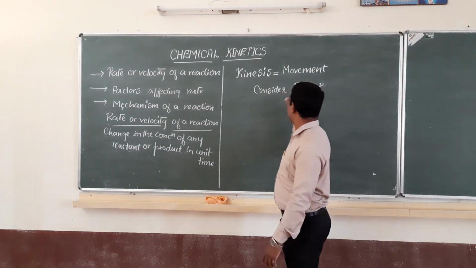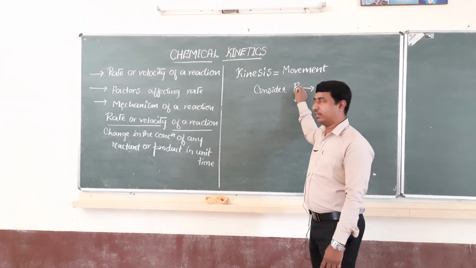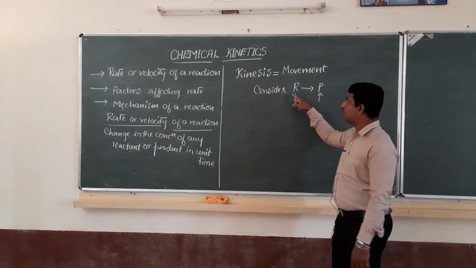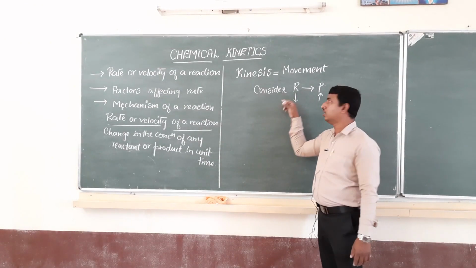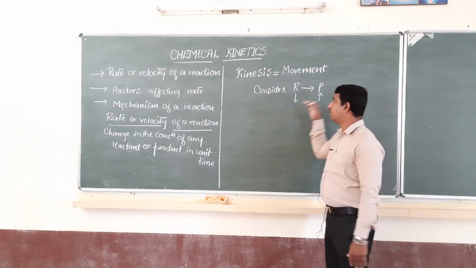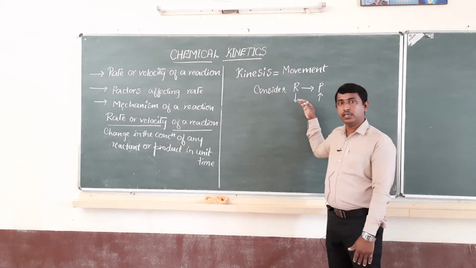By taking a reactant, how can we define rate? We know that during a chemical reaction the concentration of the reactant goes on decreasing, whereas the concentration of the product goes on increasing.